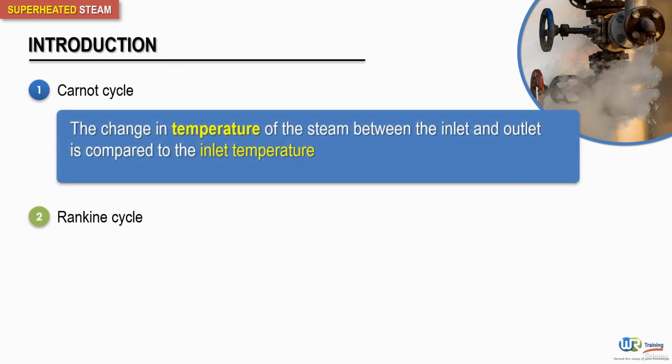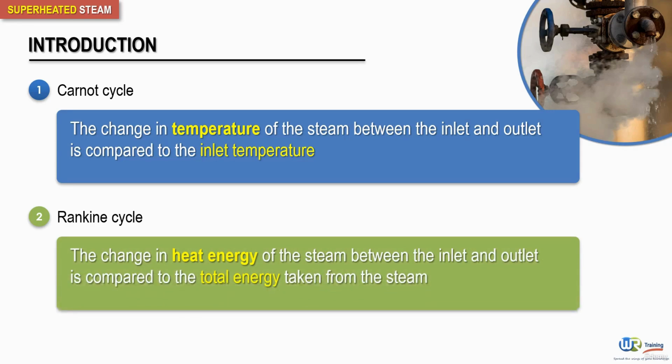The Carnot cycle, where the change in temperature of the steam between the inlet and outlet is compared to the inlet temperature. The Rankine cycle, where the change in heat energy of the steam between the inlet and outlet is compared to the total energy taken from the steam. To better illustrate these important concepts, let's take a look at the following example.